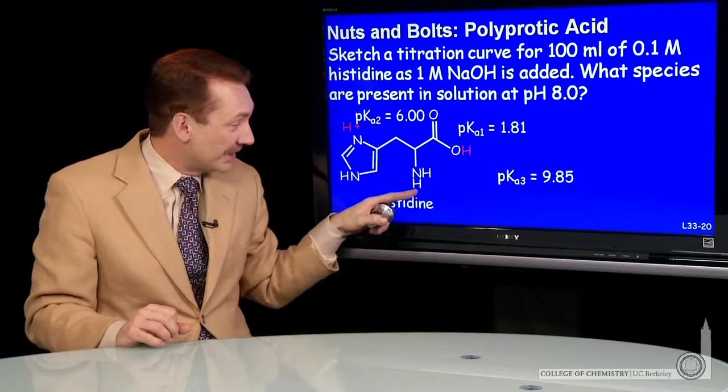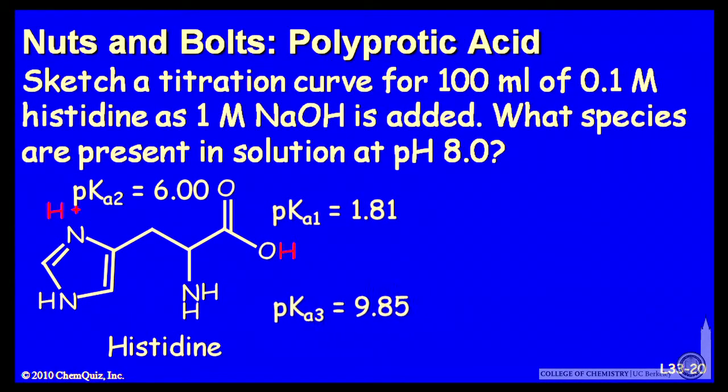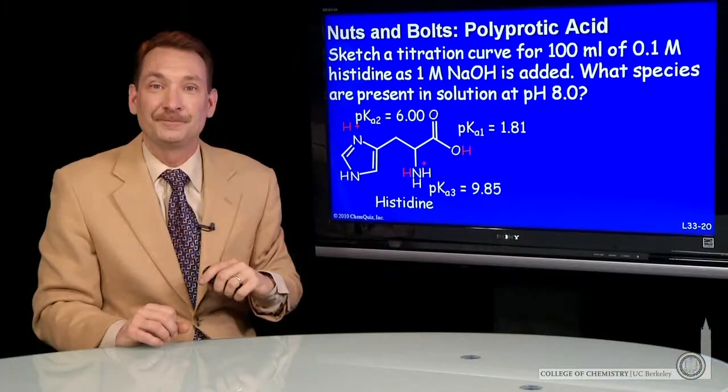And again, I've drawn it here in its basic form. Its acidic form would be encountered for pHs below the pKa of 9.85. So at pHs below 9.85, there'd be a proton here and a positive charge.